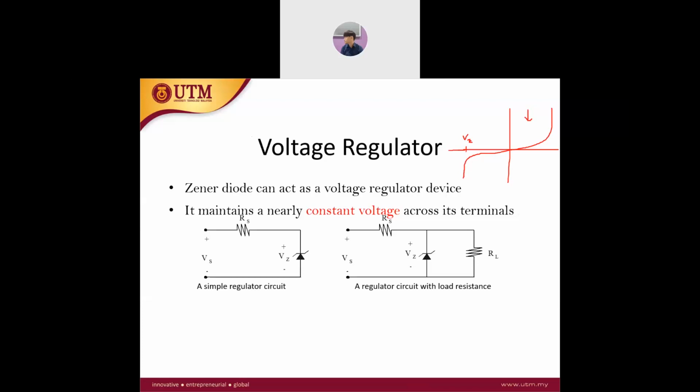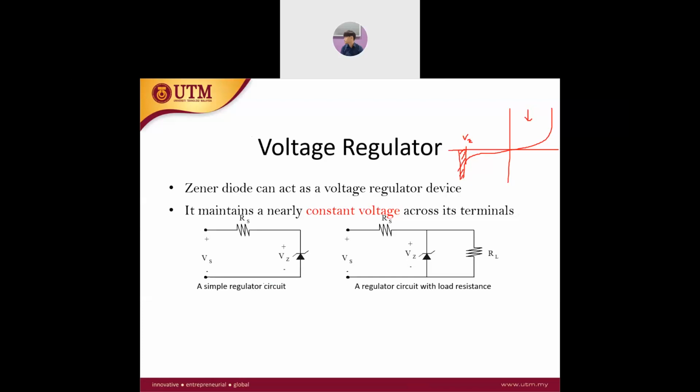When it starts to reach the current, the diode will enter the breakdown region. After that, the change in voltage is almost minimal, where small changes of voltage will give rise to a drastic increase in current. However, in terms of voltage, there is almost little change.